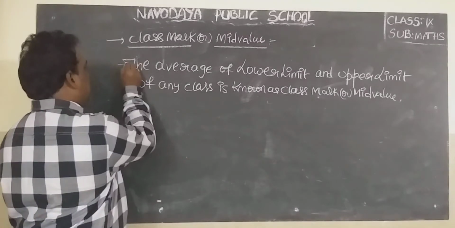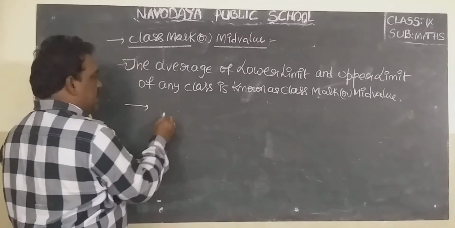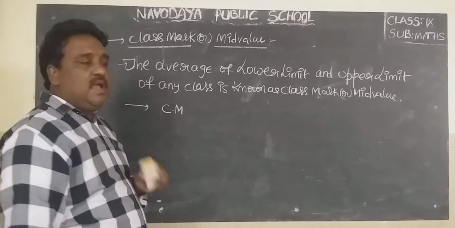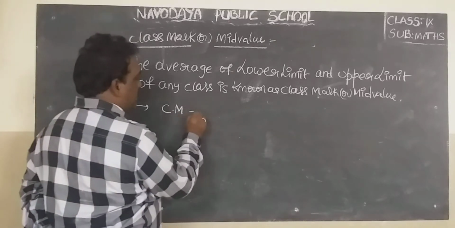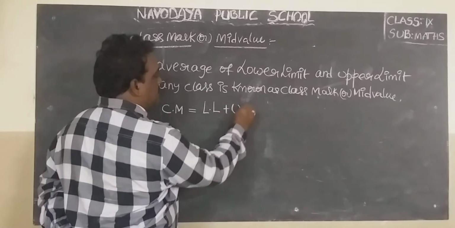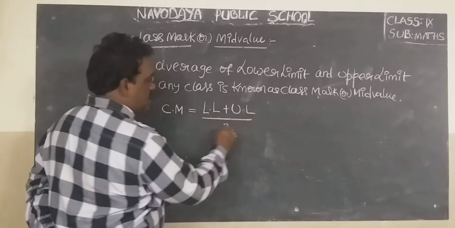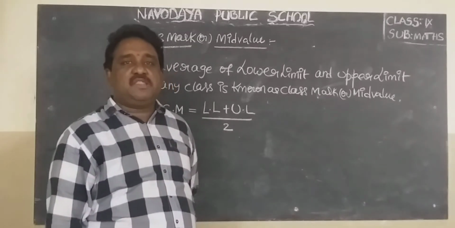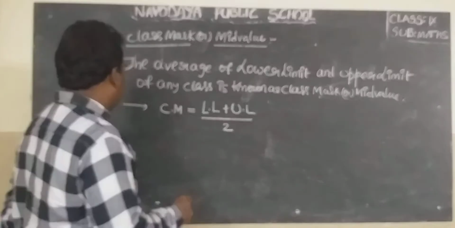This is first point. Second point, class mark, shortcut CM. Class mark formula: lower limit plus upper limit by 2.